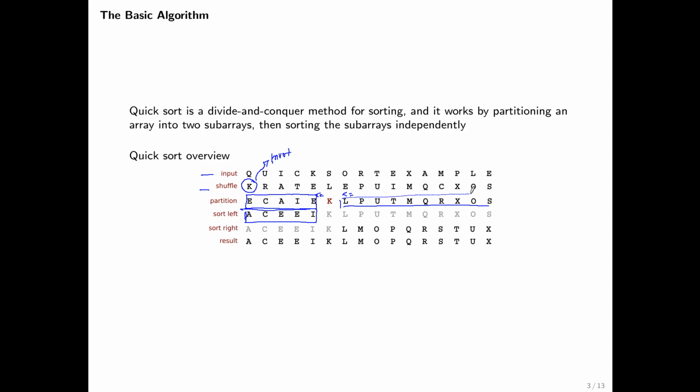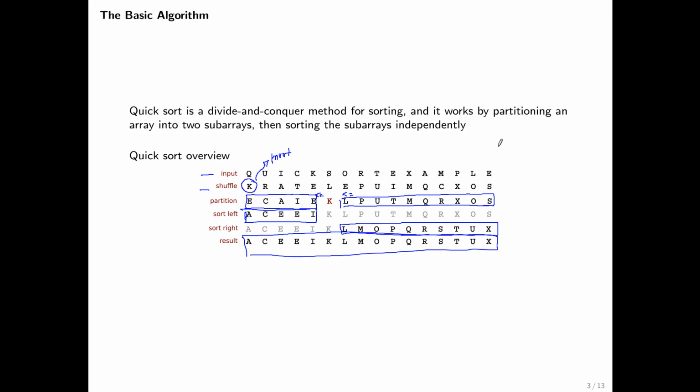So we simply call Quicksort on the elements to the right of the pivot, which will eventually get us a sorted copy of that. Okay, and now if you look at all these elements, they are in complete order. Okay, so that's how the Quicksort algorithm works.